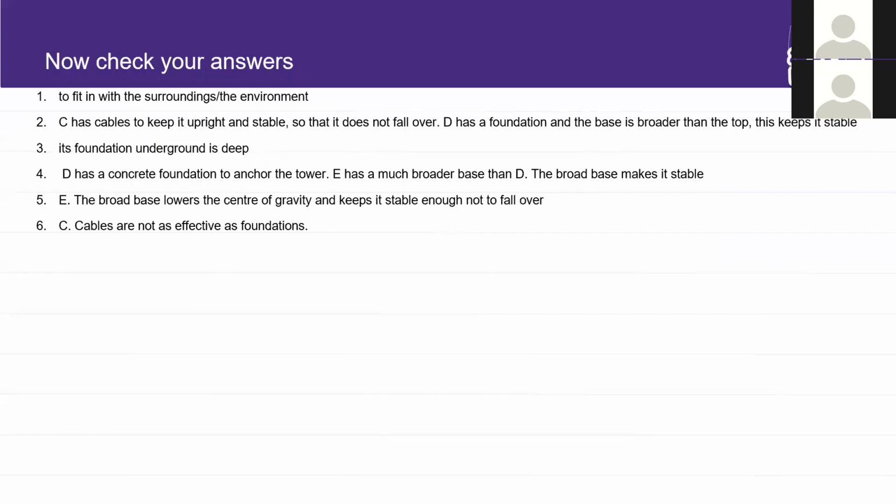Tower D has a concrete foundation to anchor. E is also firm on the ground because E has a broader base than D. The broad base makes it stable. The broad base makes tower E stable. Okay.